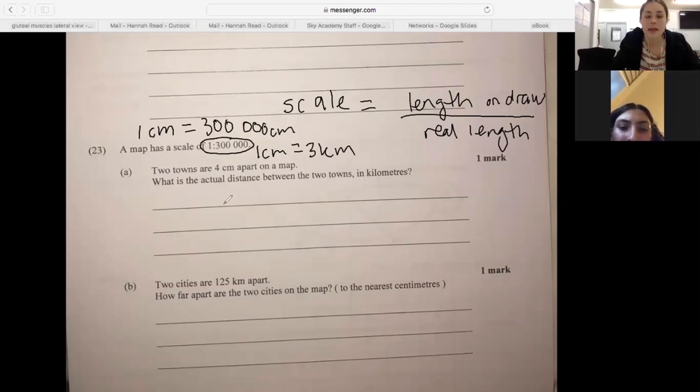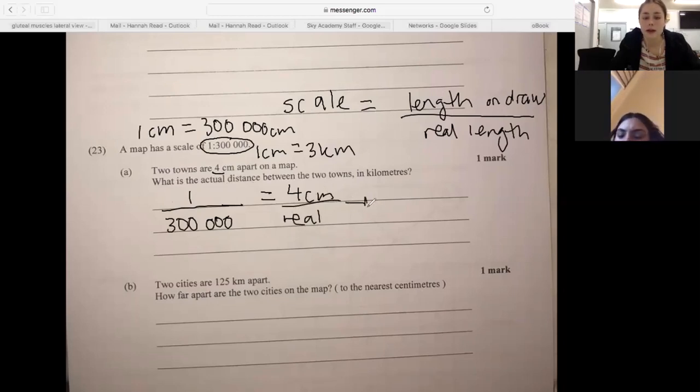I can write it as 1 over 300,000, that's my scale, equals my length on my drawing. And what's the length on the drawing? 4 centimeters. Yep. So I'd write 4 centimeters, and that would give me the real length, or the actual length. Does that make sense?